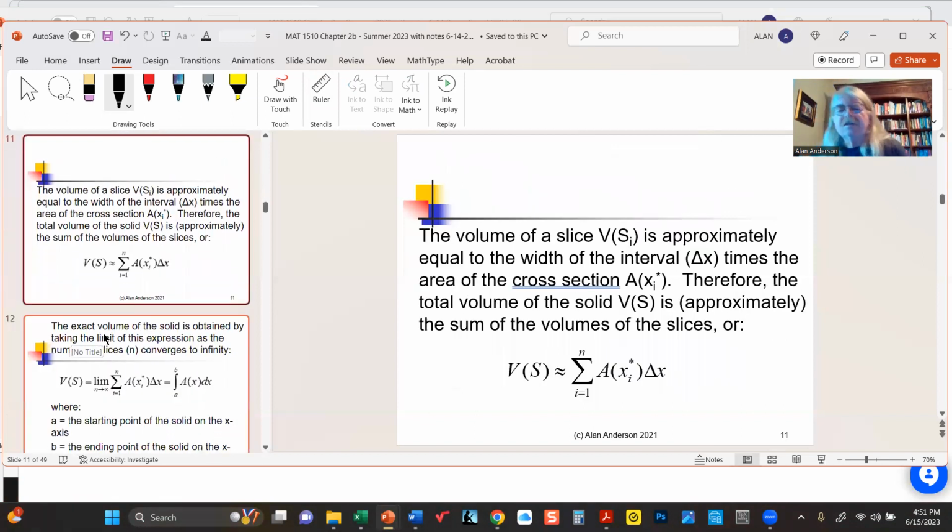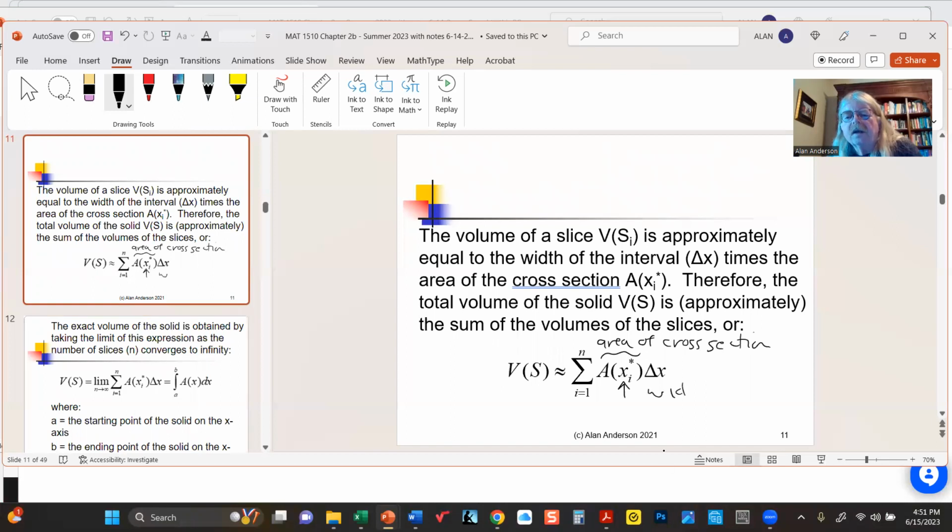The volume of the slice, as I just said, is the area of the cross section, defined in terms of x i star, and this is of course the width.